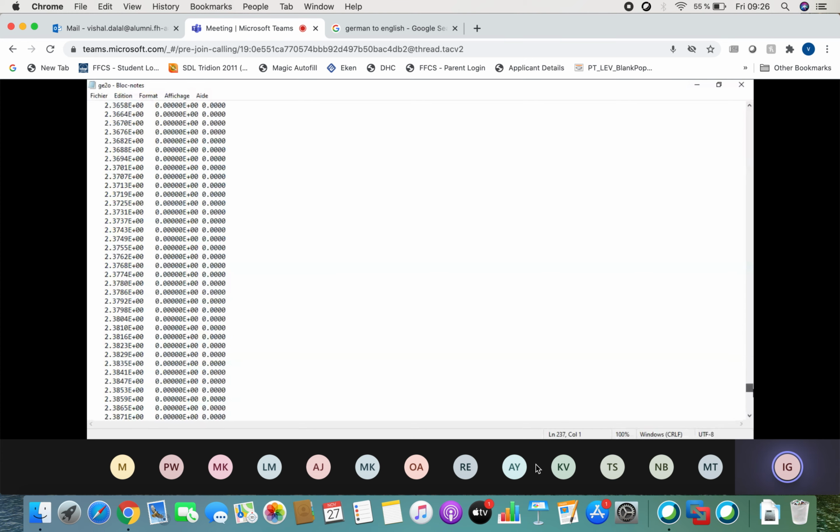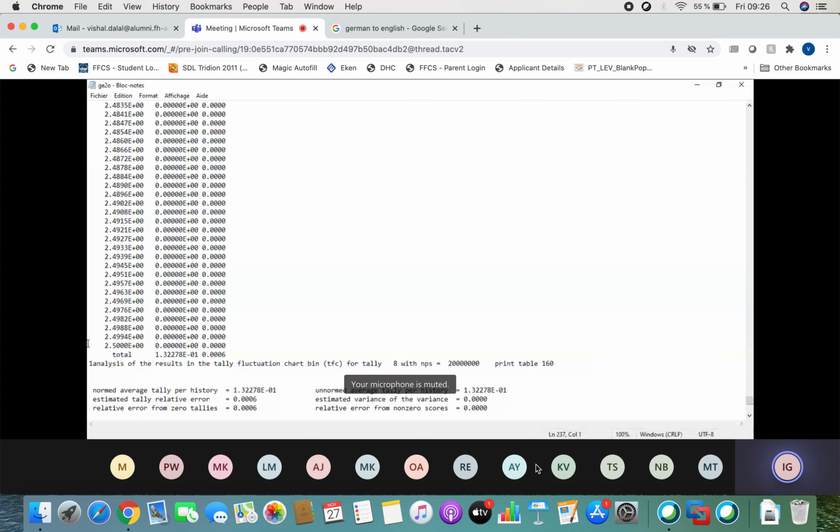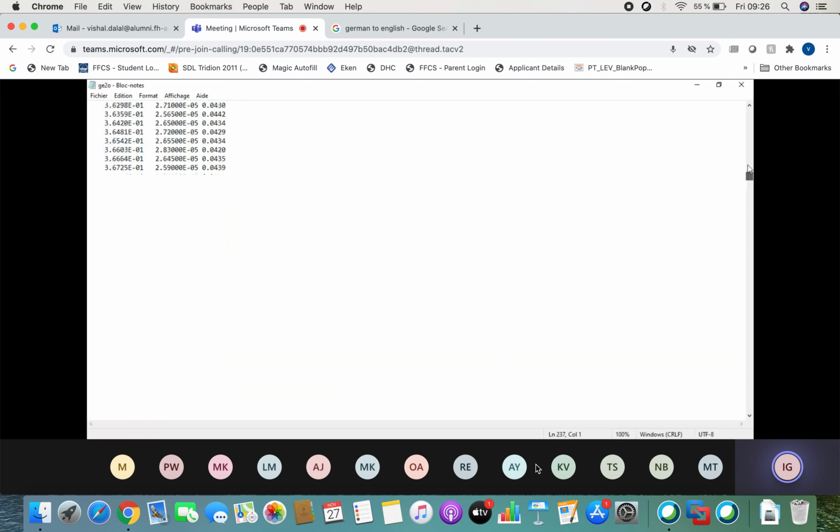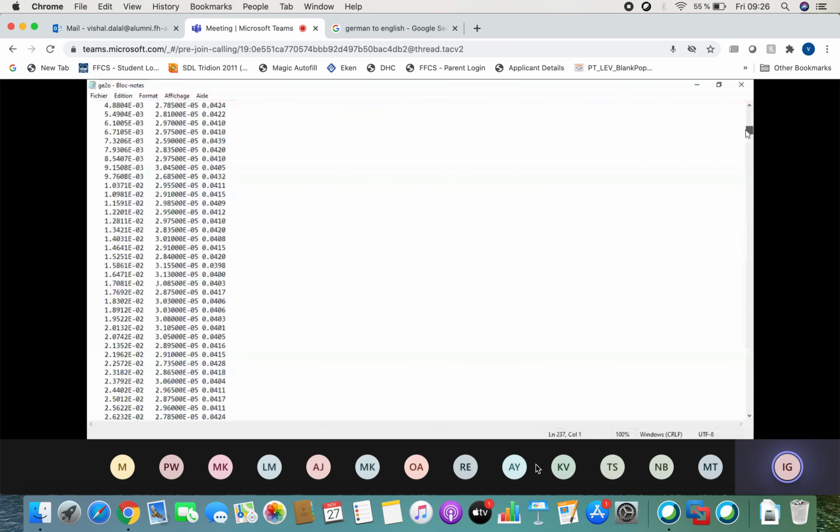Normally it's 2.5, yes, you see, from 0 to 2.5. And the first column is the energy binning. The second column is the number of particles. In fact, it's the number of particles normalized to 1, which means that it's the probability of finding this energy in the spectrum.